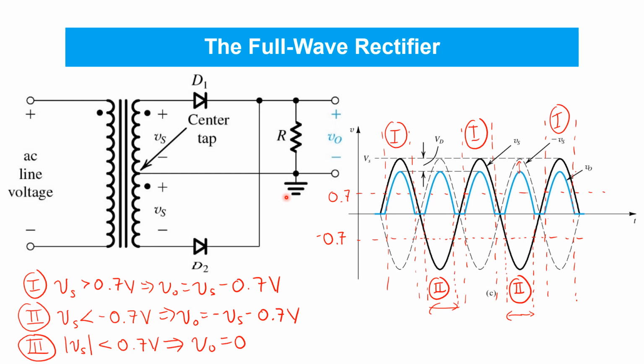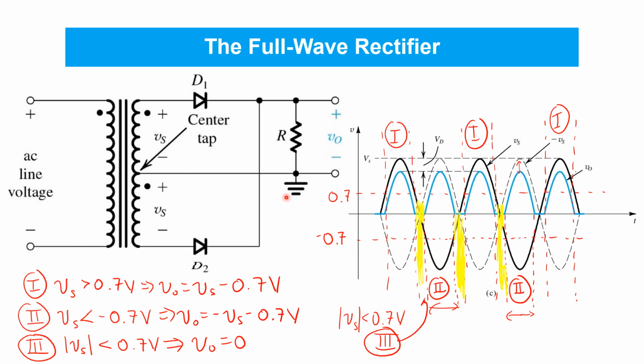And then finally, we've got these narrow windows of time in between here. There's one, here's another, again here. In all these windows of time, we've got Vs less than 0.7 volts, and so we're in condition 3.